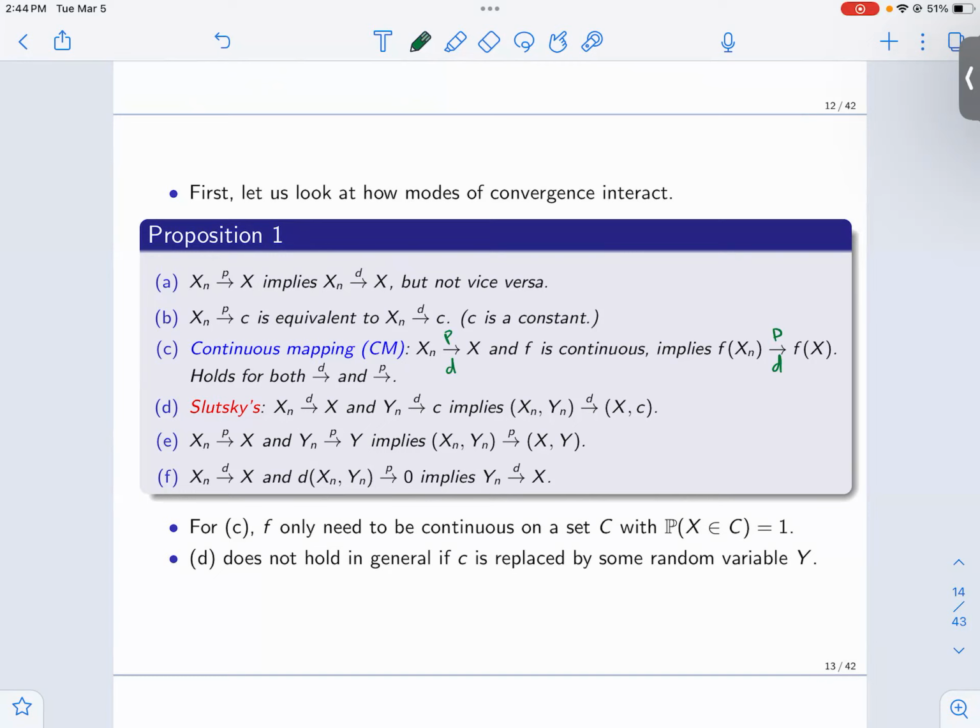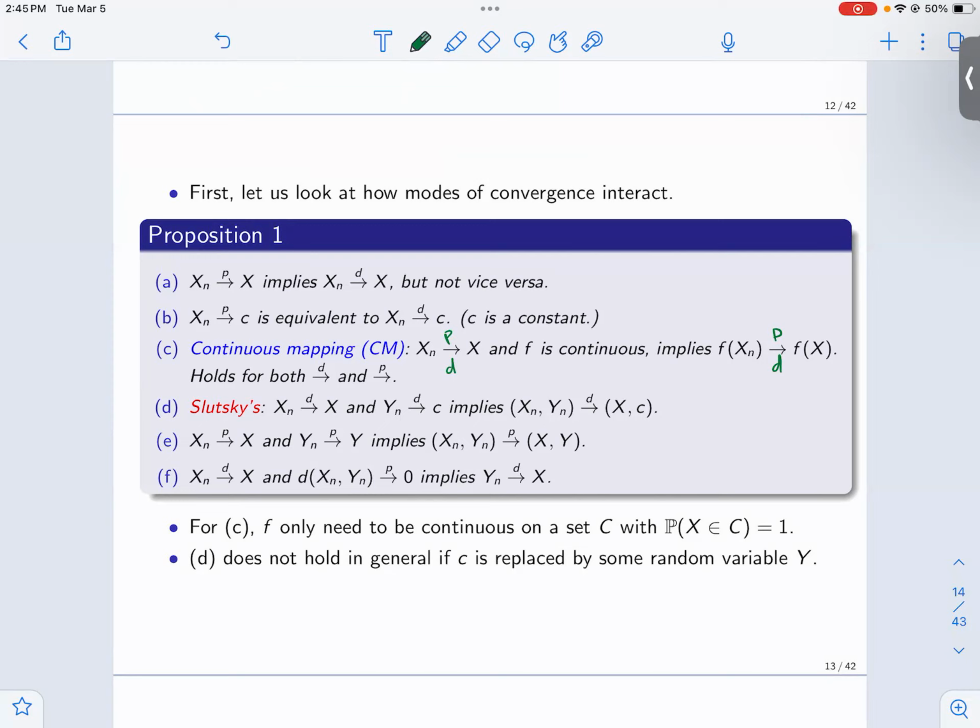The next one is really tricky and very interesting. It's saying that if Xn converges in distribution to X, a random variable, and if Yn converges in distribution to c, a constant, then jointly they converge in distribution. So Xn and Yn, as a vector, converge in distribution to the vector X and c.